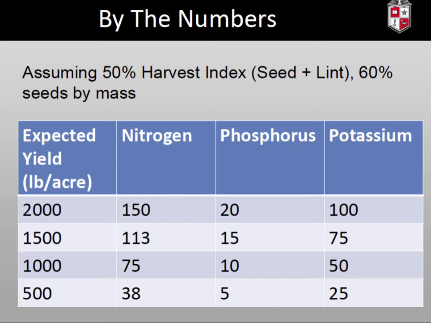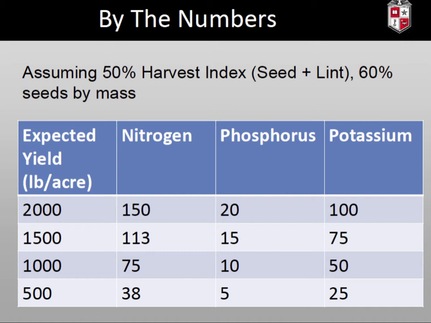These are simply, I teach a crop physiology class and we play around with numbers a lot. If you are assuming a 50% harvest index, seed plus lint, and about 60% seeds by mass, and that's a little bit optimistic for cotton.